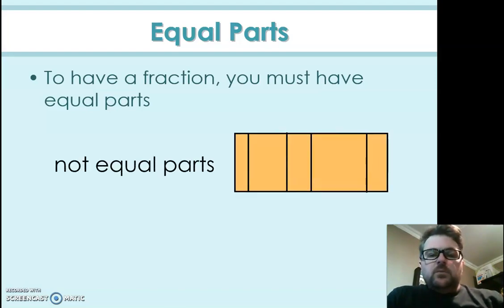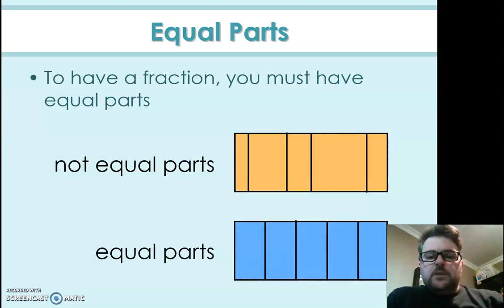So that rectangle could not be split up into fractions because those pieces are not equal. The next one is split up into 5 equal pieces. So we could call each slice of that blue rectangle fifths because they are split up into 5 equal pieces.